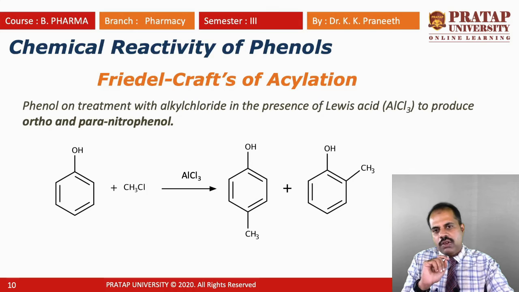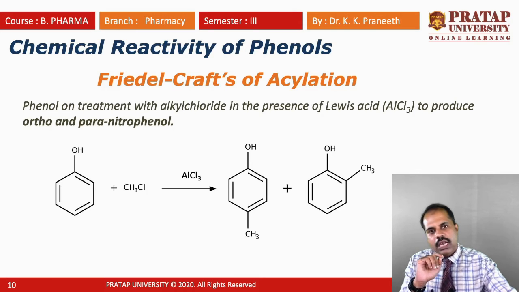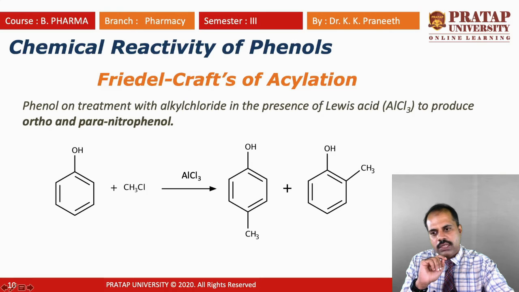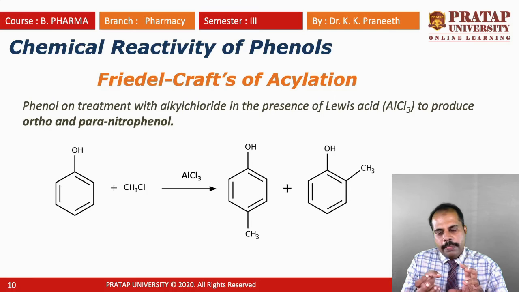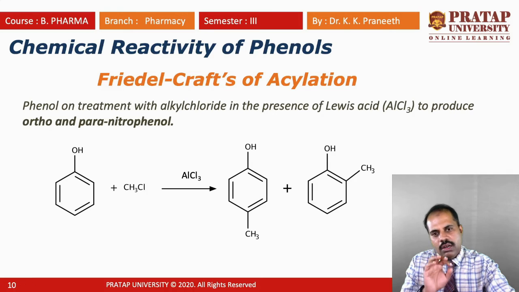Friedel-Crafts alkylation reaction of phenol. This is again the same trend we will follow, because it's very similar to the benzene reaction. Just take the phenol and take methyl chloride. This is an alkylation reaction. Alkylation attaches an alkyl group like methyl, ethyl, propyl, isopropyl.